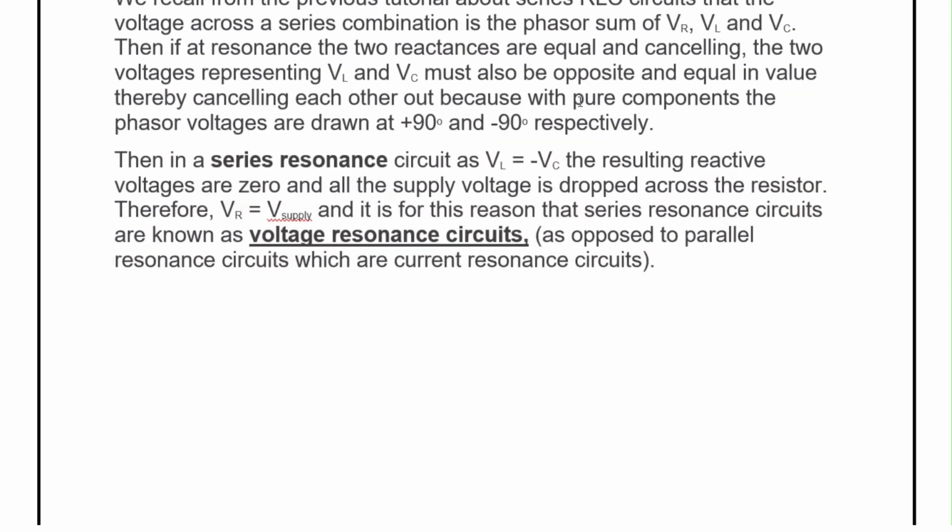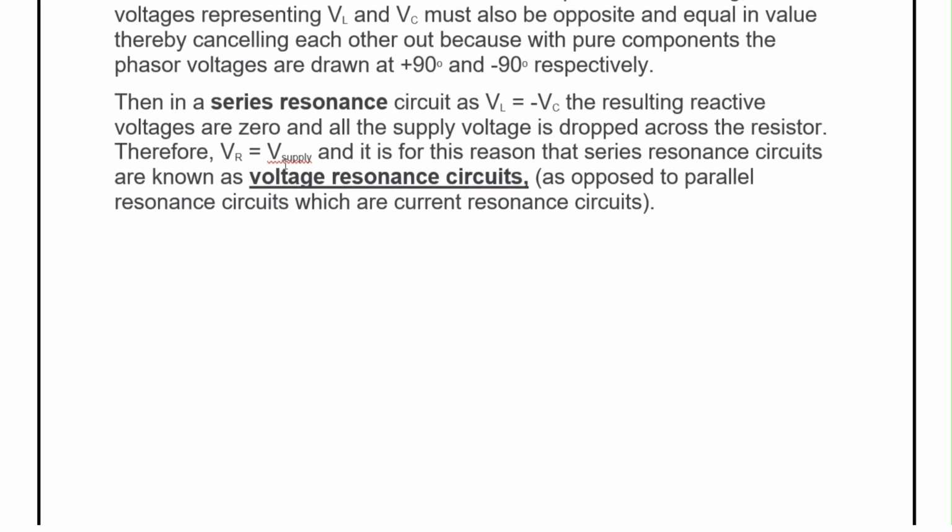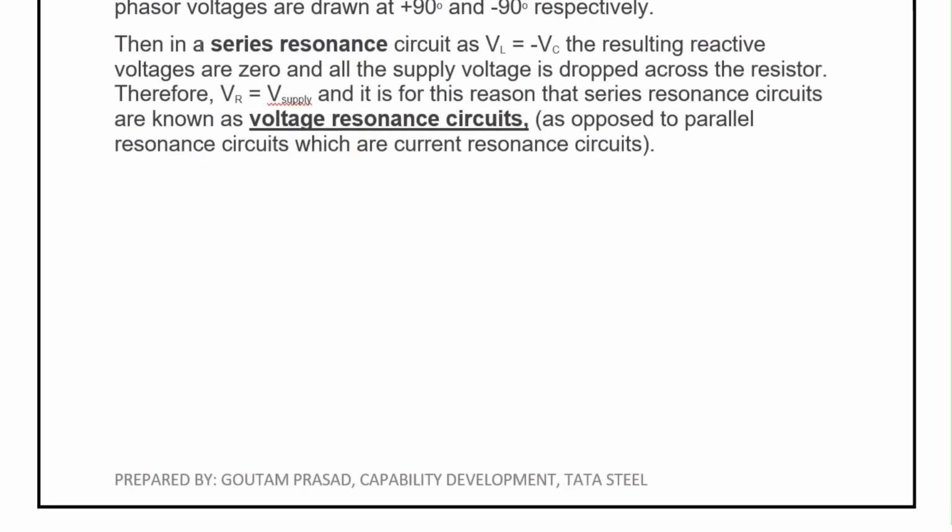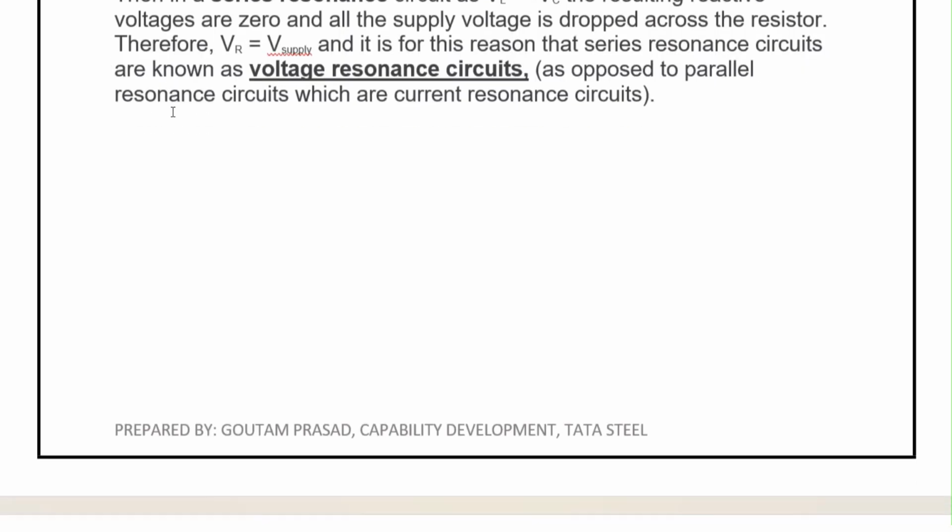The phasor voltages are drawn at plus 90 degrees and minus 90 degrees respectively. And then in a series resonant circuit, VL equals minus VC. The resulting reactive voltage is zero and the supply voltage is dropped across the resistor only.